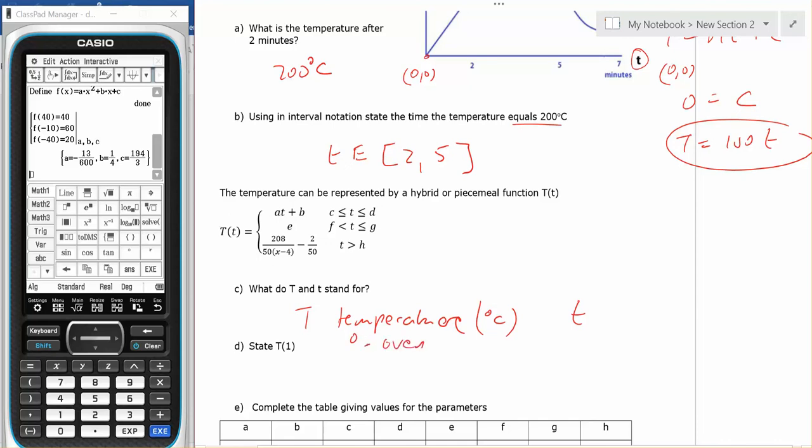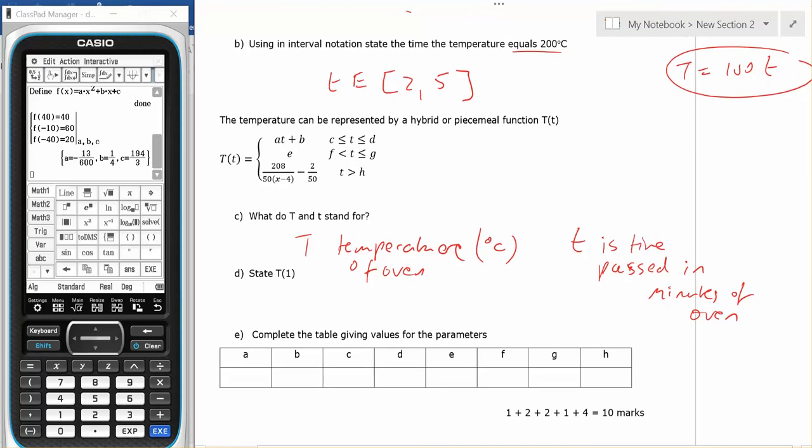So you've got to be specific, of the oven, and t is time passed in minutes. Okay, so we define it, and we want to find T of 1.